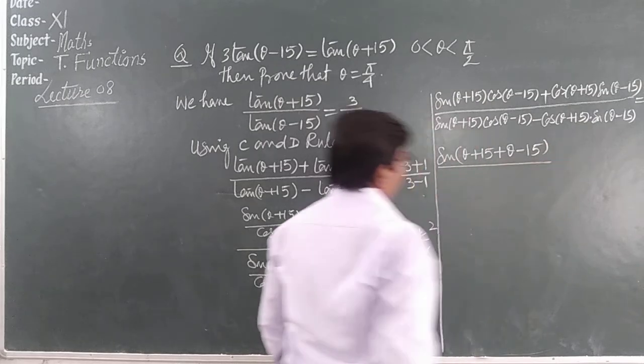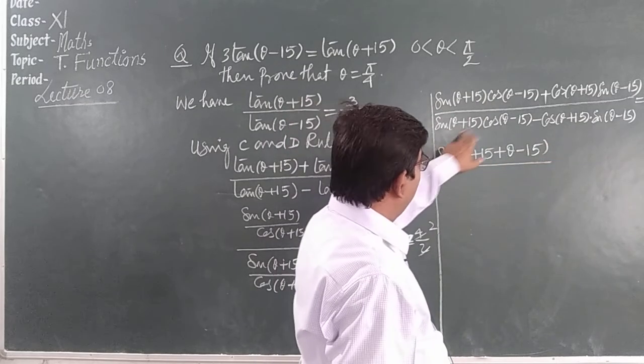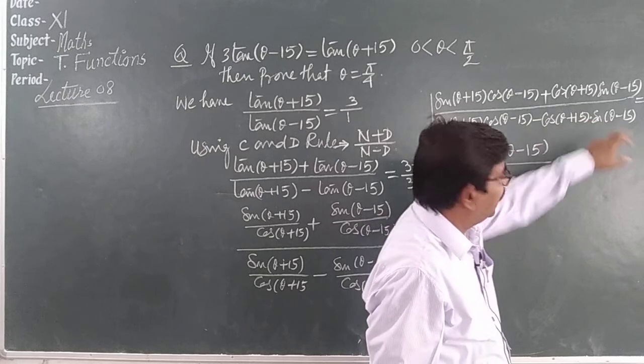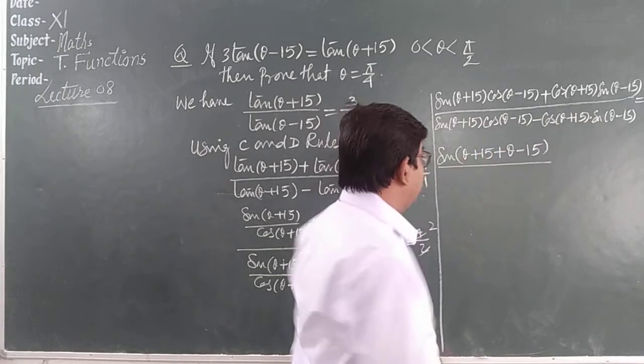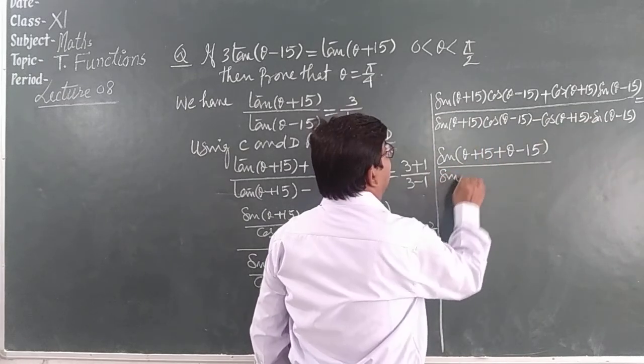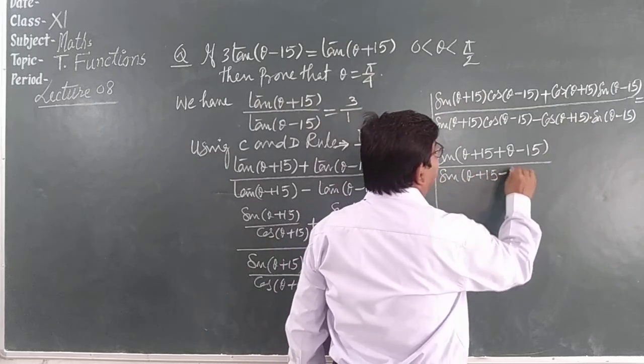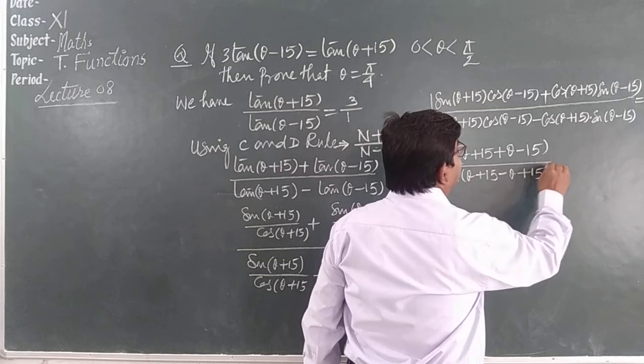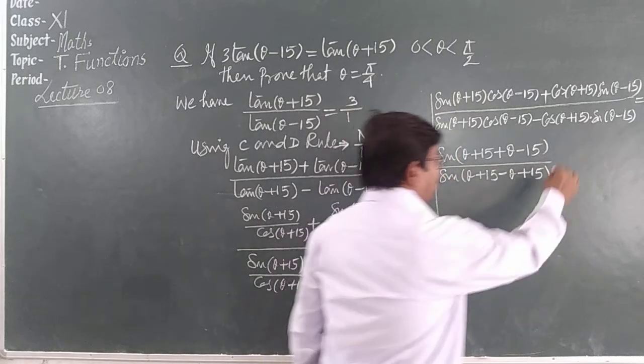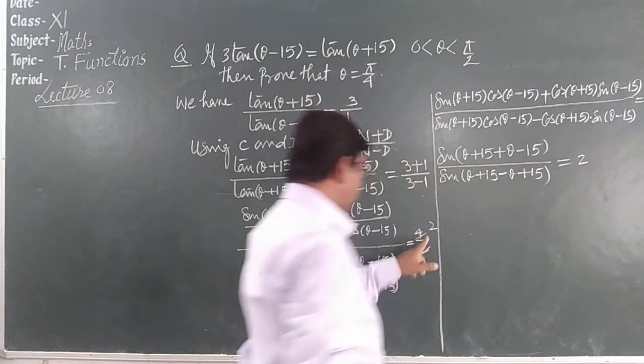In the denominator we have sine A cos B minus cos A sine B, so this is sine A minus B: sine of theta plus 15 minus theta minus 15, minus 15 converted into plus, is equal to 2.